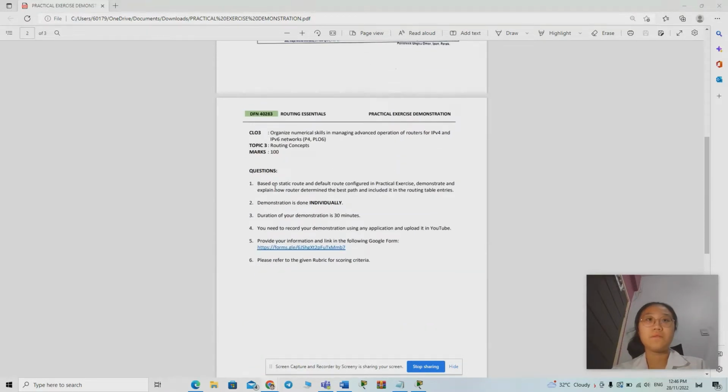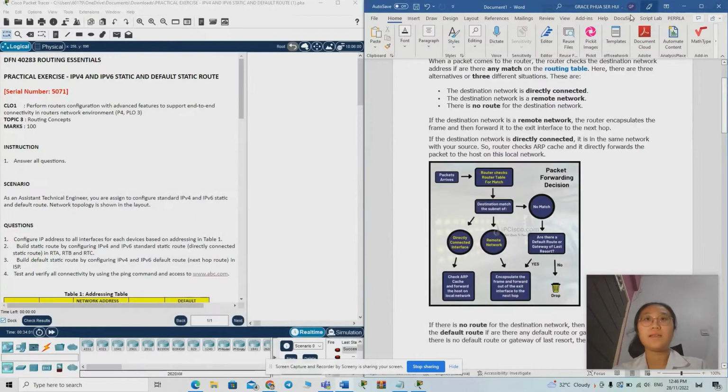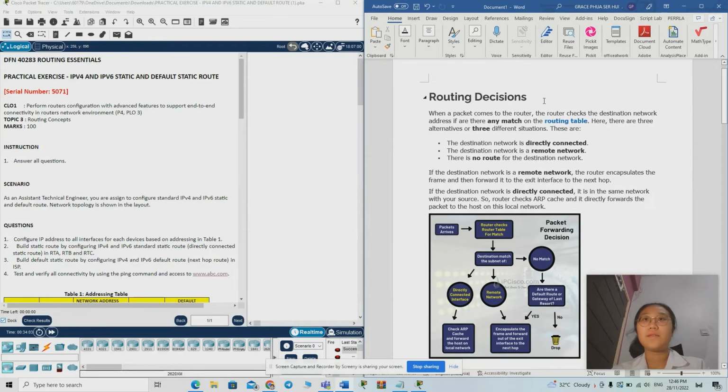The first question is based on static route and default route configured in the practical exercise. Demonstrate and explain how a router determines the best path and include it in the routing table entries. So let's start. For the routing decision, there are three different situations.